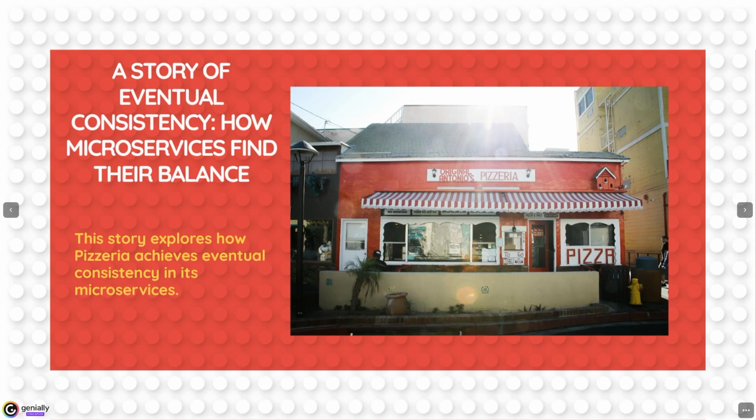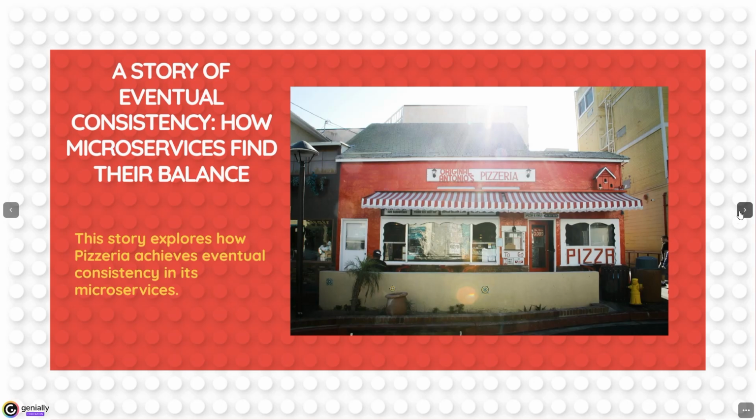Pizzeria, a leading pizza delivery company in Tech City, uses a state-of-the-art microservice architecture to ensure smooth operations and satisfied customers despite the complexities involved. This story explores how Pizzeria achieves eventual consistency in its microservices.